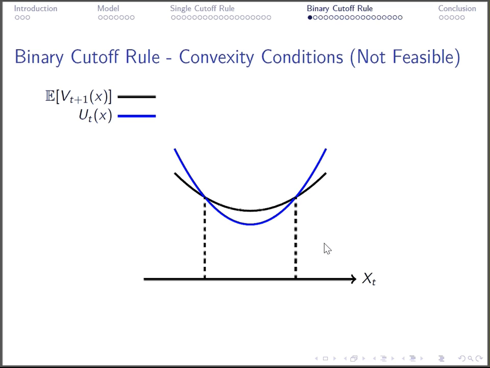The version that I had before for the 4060 one, I had that convexity conditions. So the first thing to think about when we think about binary cutoff rule is some kind of convexity condition. So if the difference is convex, then it works.